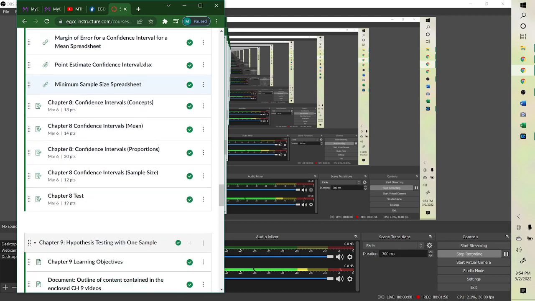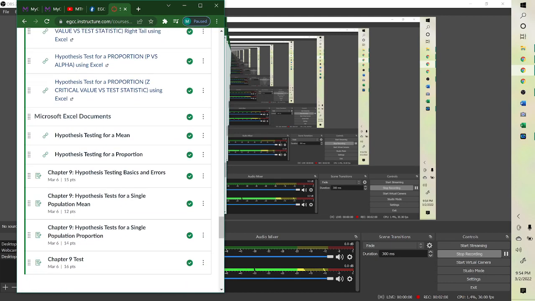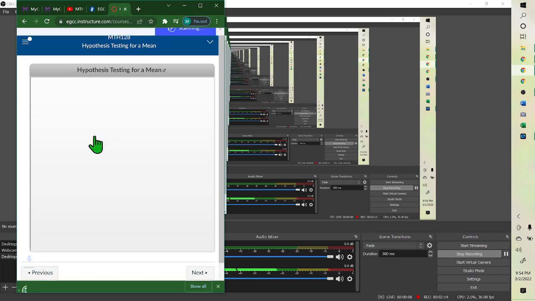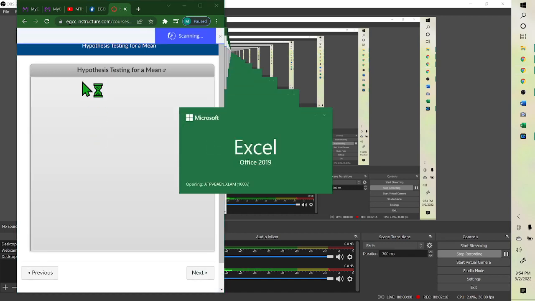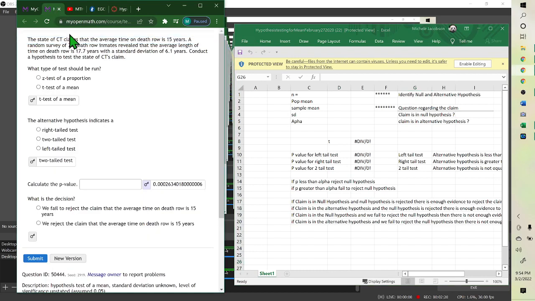And then on Chapter 9, go down to where the problems are. Hypothesis test for a mean and a proportion. And this was a mean because it was average. Yeah, average length. So it is a mean.